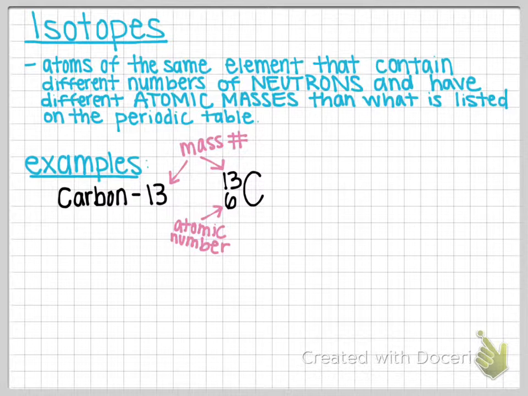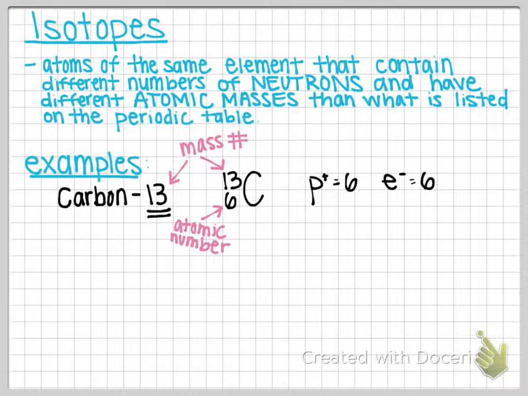When we're labeling protons, neutrons, and electrons from this information, you know that the atomic number, that 6, is your number of protons. It is also your number of electrons. However, for your neutrons, you need to use the mass number that is given.